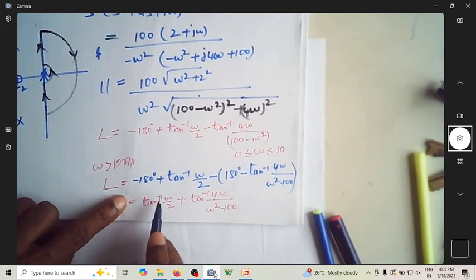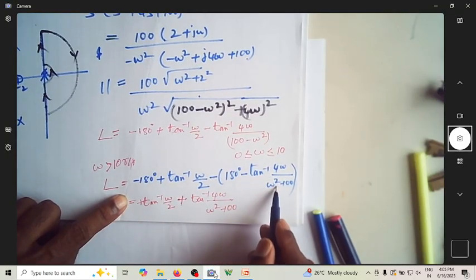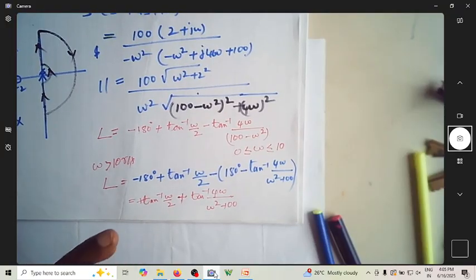Correct? See, this is plus here, and this is minus into minus, that is also plus tan inverse of 4 omega by omega square minus 100. This is for all values of omega greater than 10. Correct?